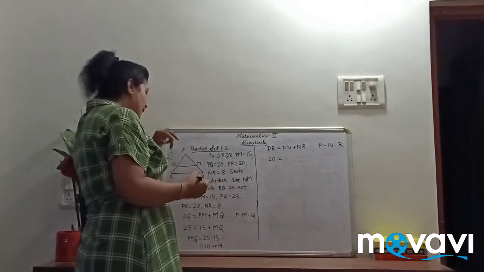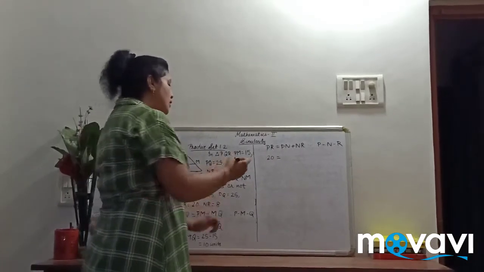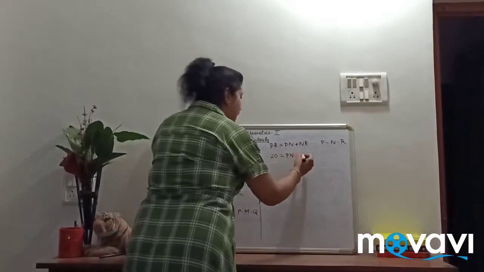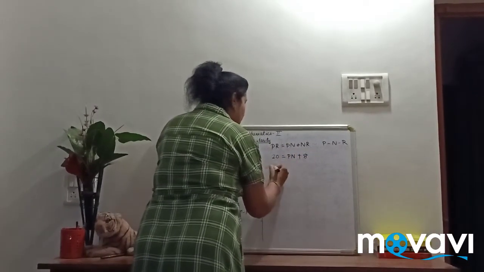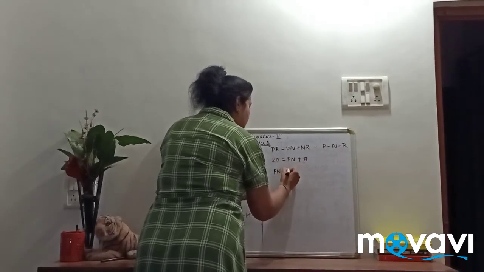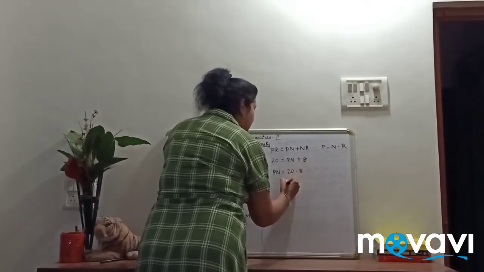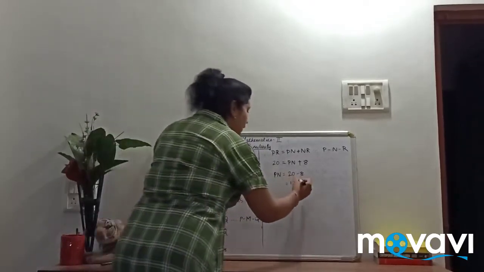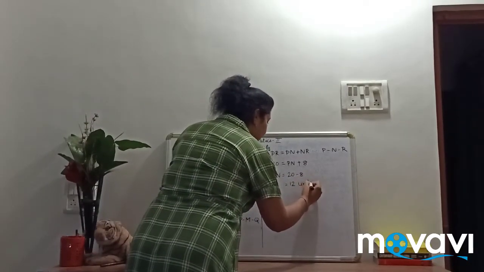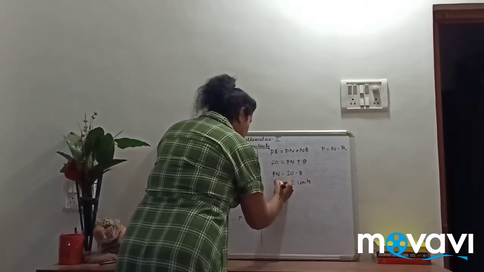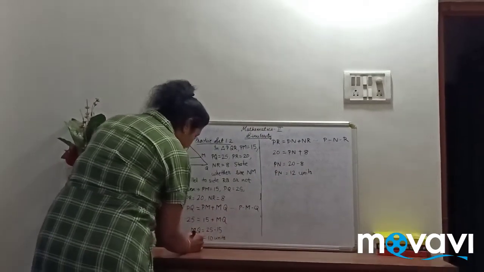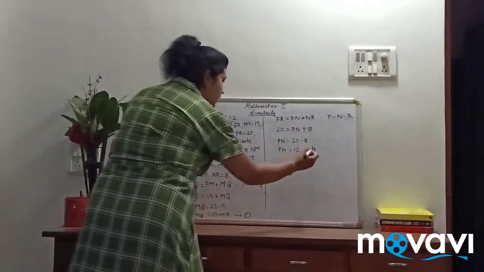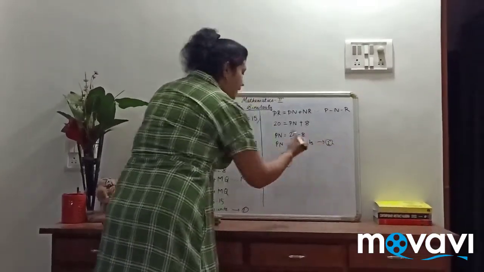PN is what we are supposed to find, so I will write it as it is. NR is 8. Therefore, what will be my PN? Nothing but 20 minus 8, and that is 12. Okay, so 12 units. Let this be my first step, PN is 12, and let this be my second step, MQ is 10, because I need them.